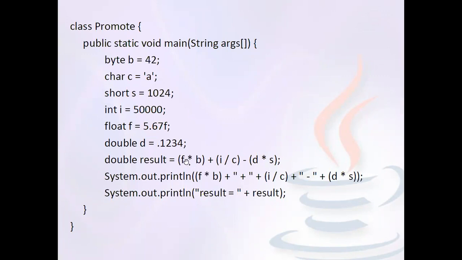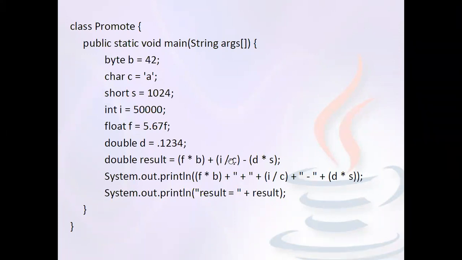See this over here: f * b. f is a float and b is a byte, so you're multiplying a float with a byte. Effectively, f * b will be a float value because float is a higher type.